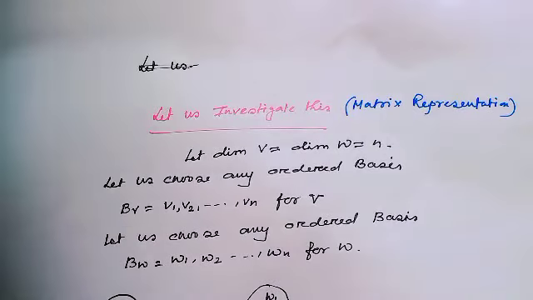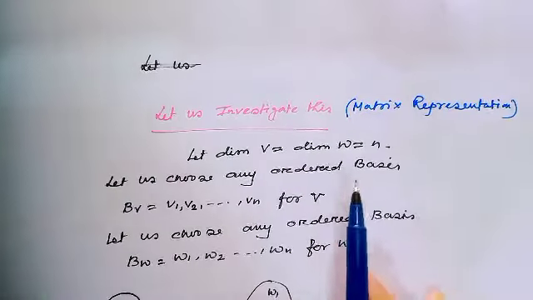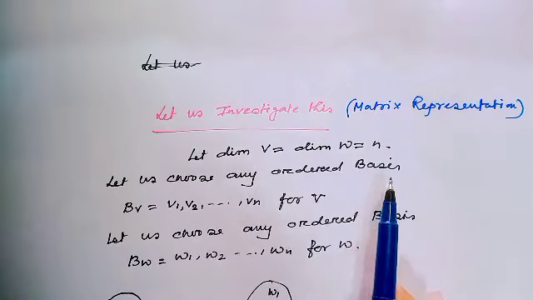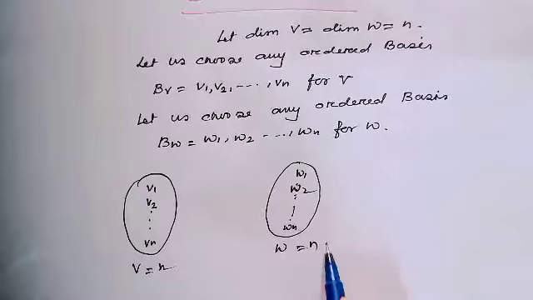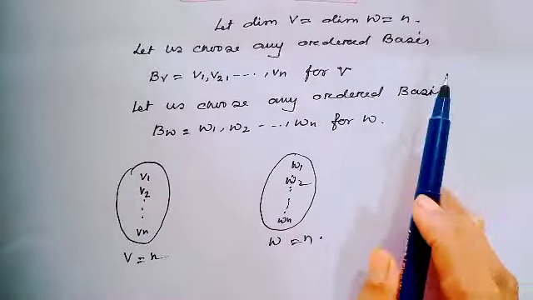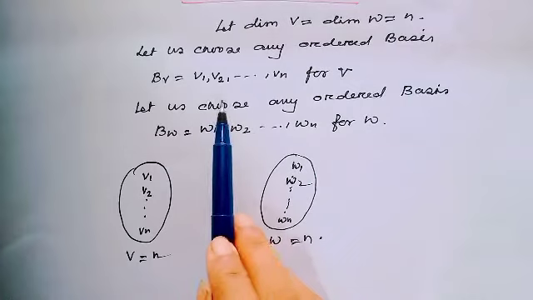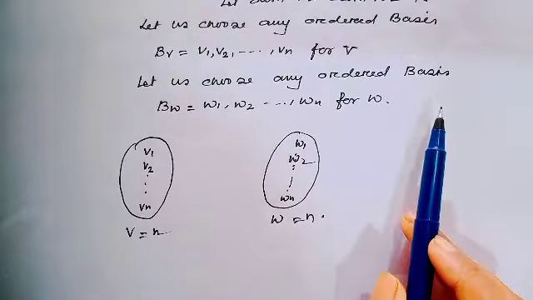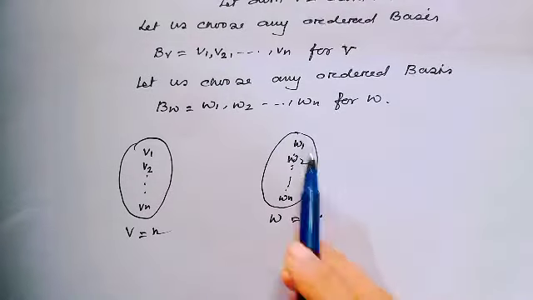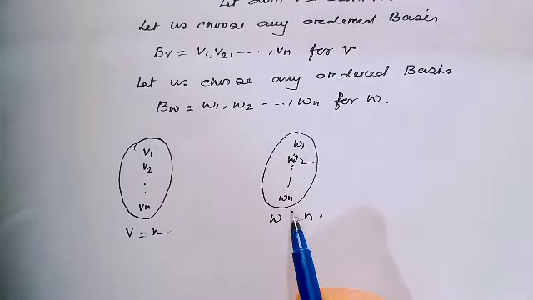Are you getting? Now let's come back to our original discussion, matrix representation. Let us investigate what matrix representation is. Here, consider the dimension of V and the dimension of W both equal to n, and choose an ordered basis BV as v1, v2, up to vn for the vector space V. Now choose another ordered basis BW: w1, w2 up to wn.